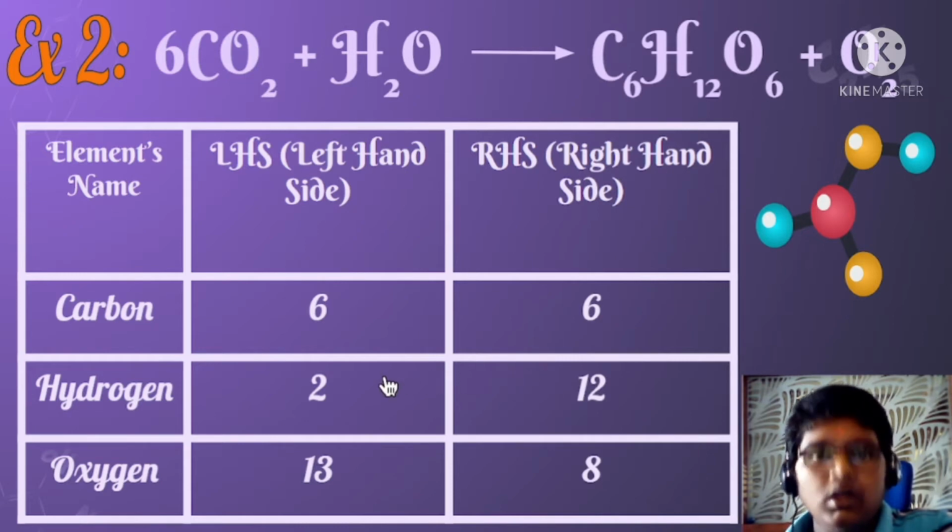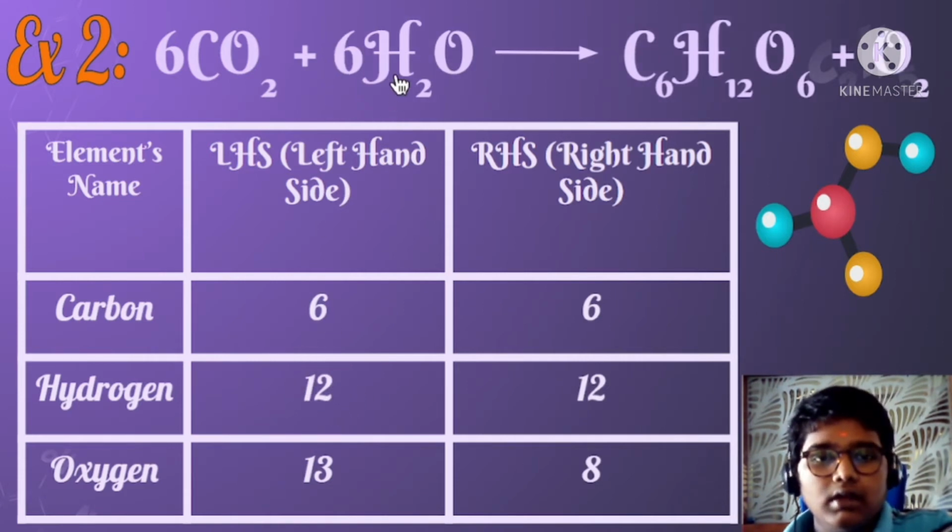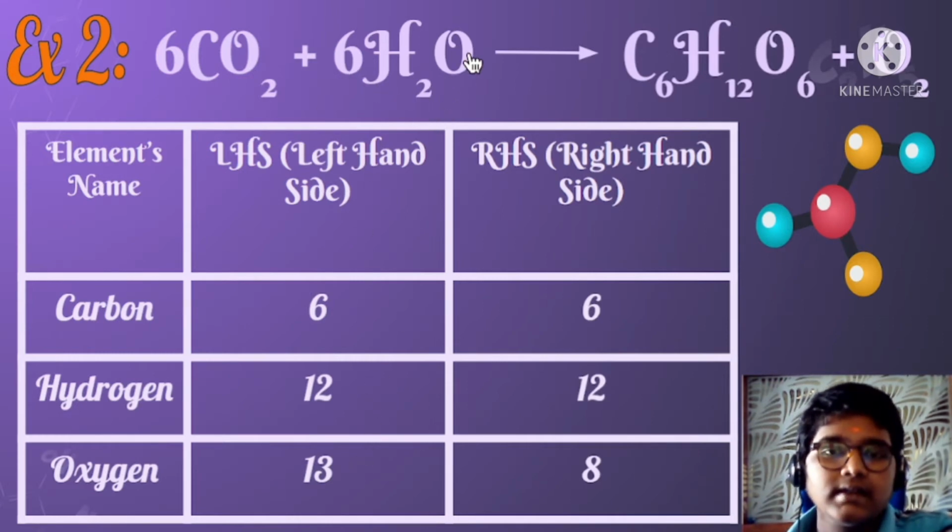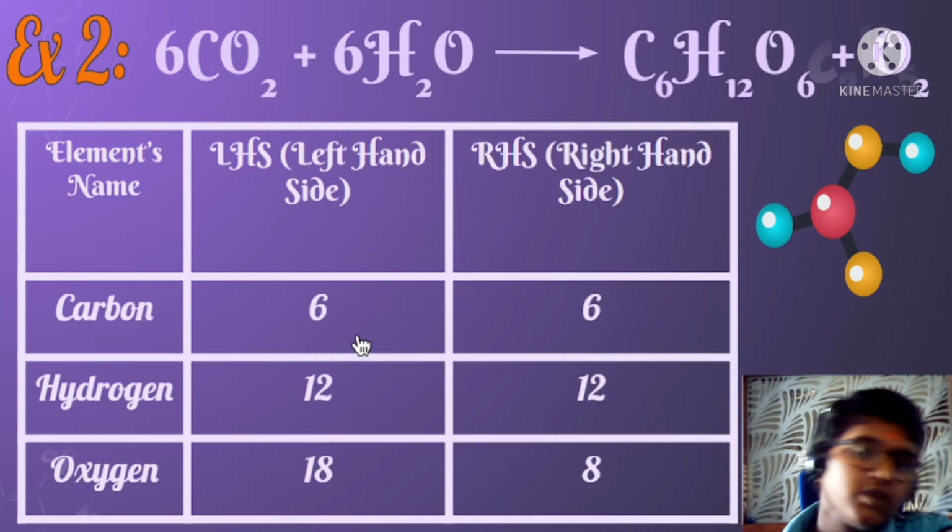Now let's go to hydrogen. Here it is 2 and here it is 12, so we multiply it with 6, so we get 6 here, and we also disturb oxygen again, but we have balanced the hydrogen. So let's see the new count of oxygen. 6 oxygens plus 12 oxygens, thus making 18 oxygen atoms on the left hand side.